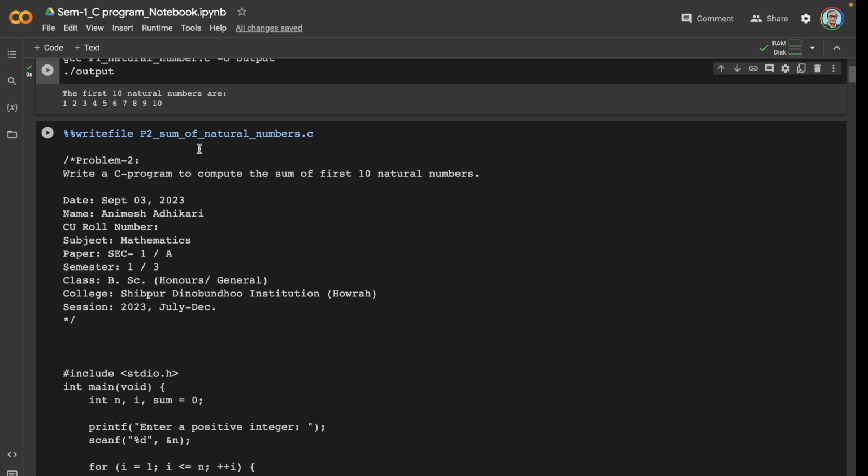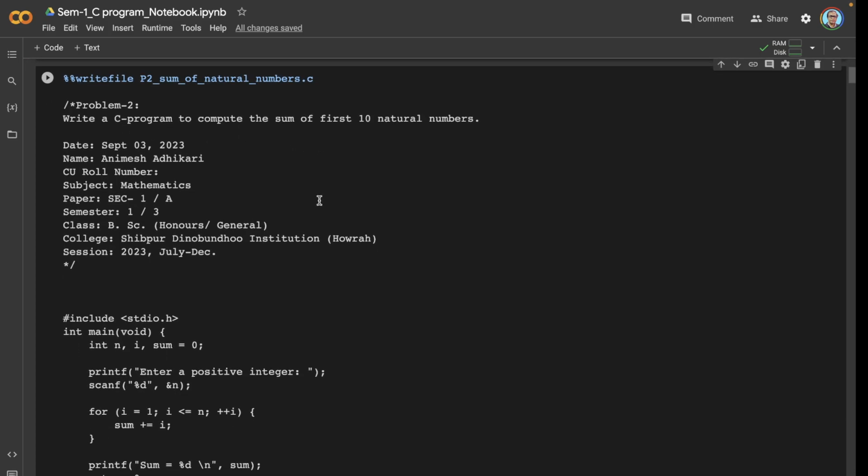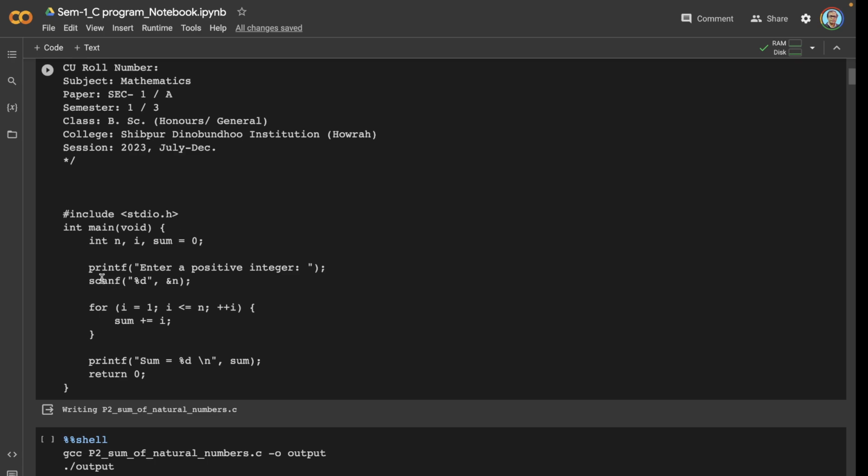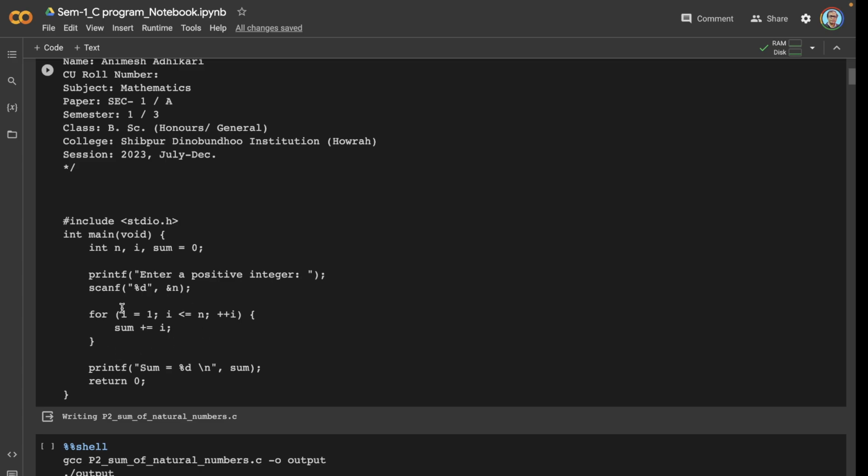Next, problem 2. Write a C program to compute the sum of first 10 natural numbers. This is the problem. This prints enter first positive integer, scanf n, so n may be 10 or 20.